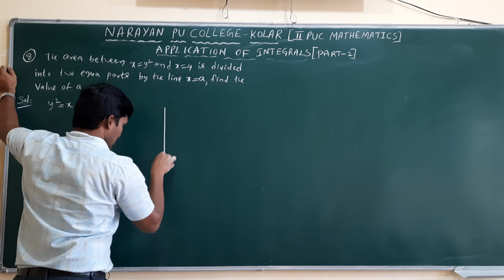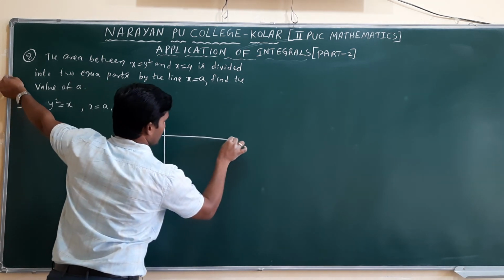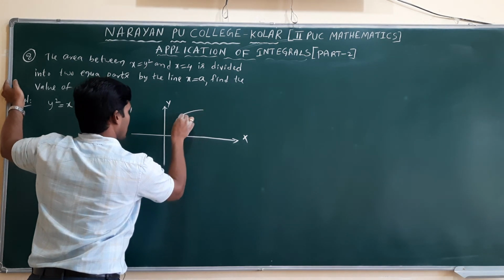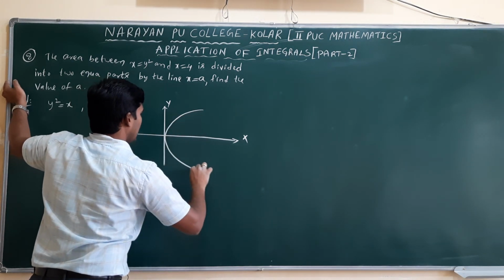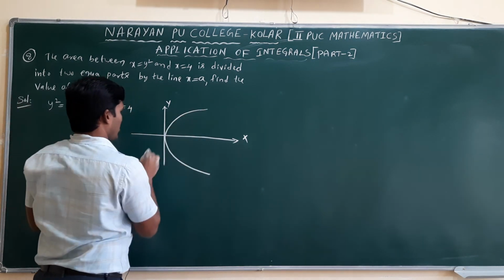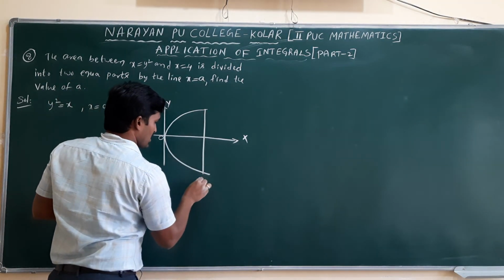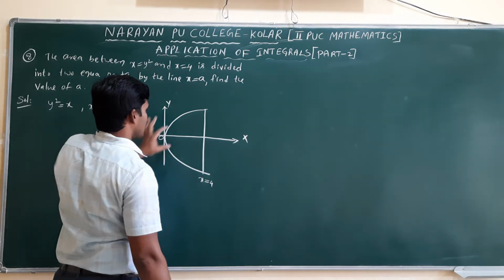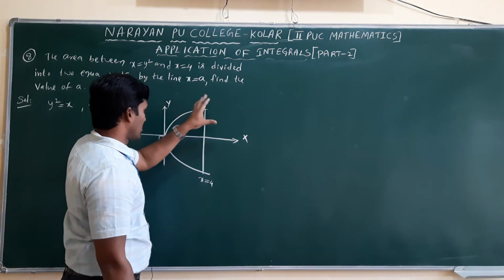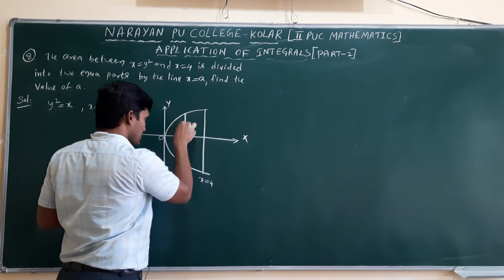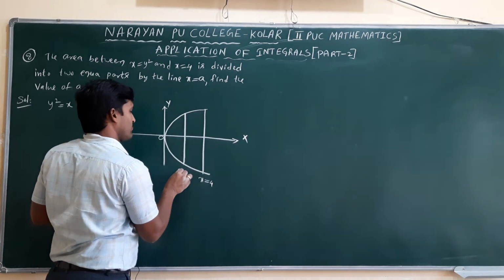The concept, what statement they given, as it is we need to follow. A is some unknown value. And if we take this x equal to 4, this is the area bounded by the curve and x equal to 4 line. This area is divided by the line x equal to a into two equal parts.